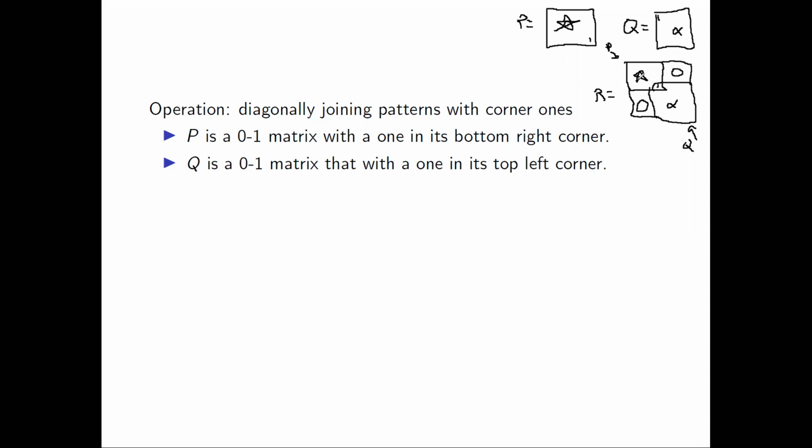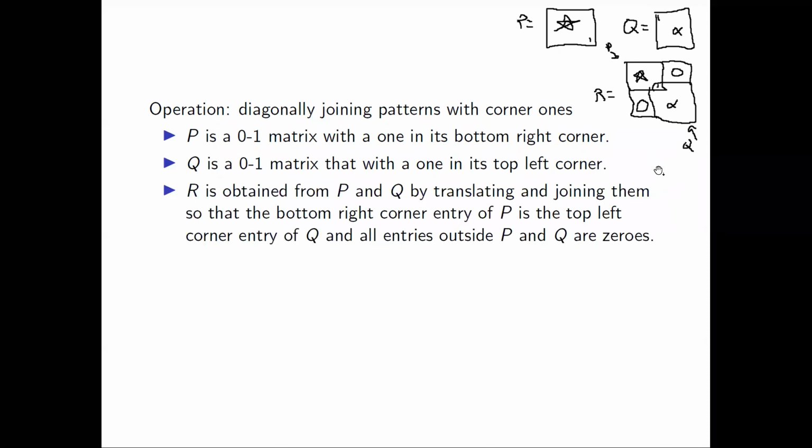So we have a copy of P in the top left. We have a copy of Q in the bottom right. And in the top right and the bottom left, we have all zeros. So outside the copies of P and Q, all the other entries in this matrix R are zeros.